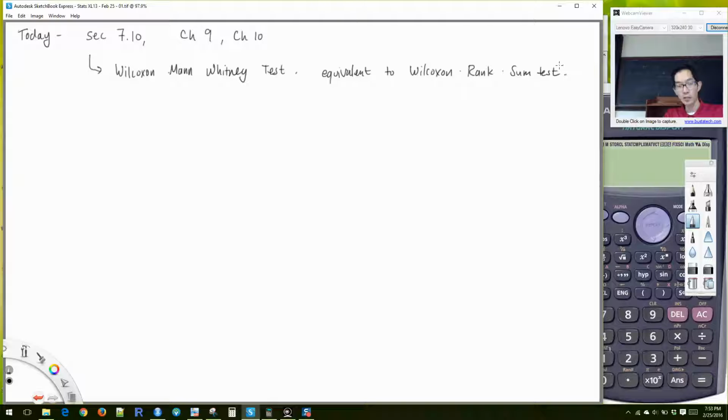So if you ever take more statistics in the future, and they cover this topic, chances are the Wilcoxon rank sum test will be the test that's covered. I think it's a little bit more common in the literature. Our textbook chooses to do a Wilcoxon Mann-Whitney test, and there's nothing wrong with that, but I feel like it's less commonly referred to. Okay.